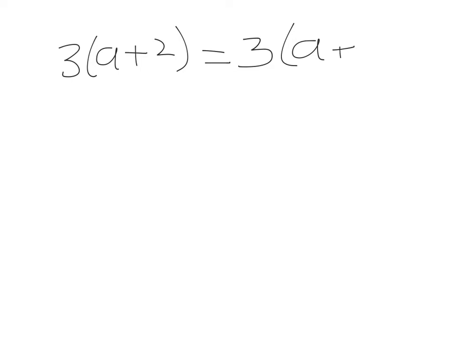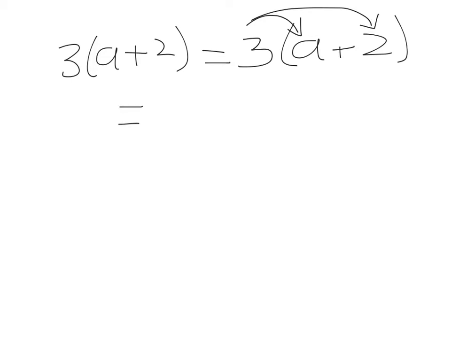All right, let's do another example. Let's do 3 times (a plus 2). We know that we can do this. If you need to draw this out with arrows, you are most welcome to. We need to do 3 times a and 3 times 2.